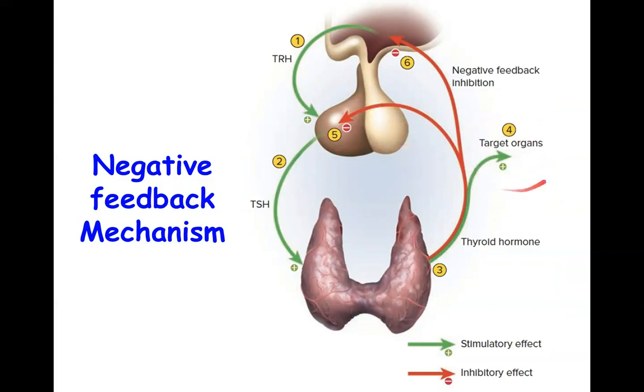When there is extra production of thyroxine, the initial step which caused the production of thyroxine will stop. This is negative feedback mechanism. You have eaten, you are no longer hungry, so stop eating. This is negative feedback mechanism.